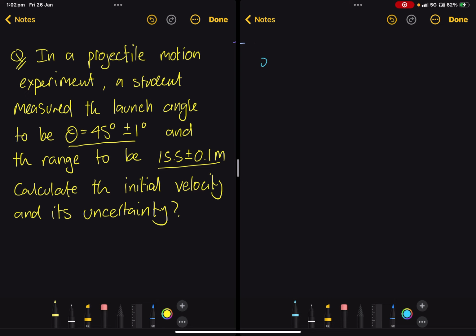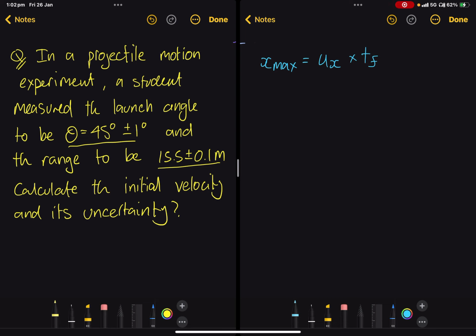We know that x max, this is the range in x, is equal to the initial velocity in x multiplied by the time of flight. So this already we have some values for. We have a value for x max, we have a minimum and a maximum.